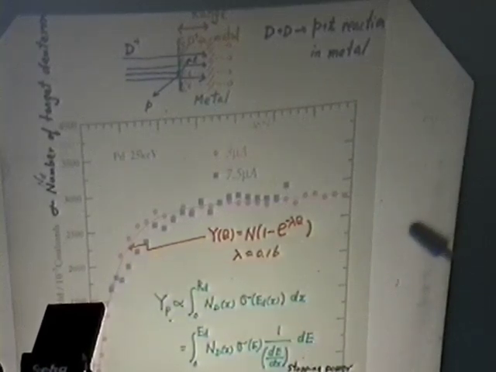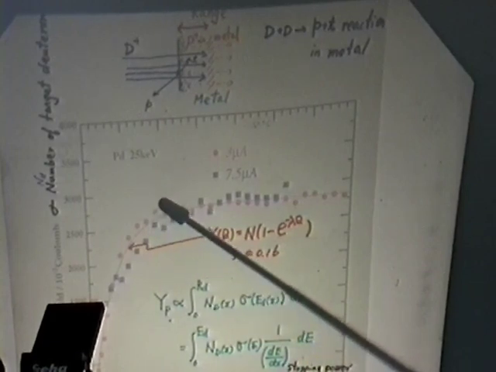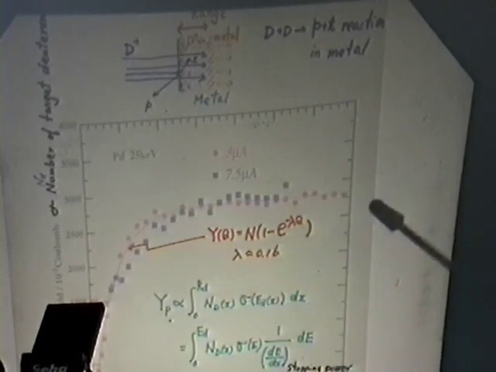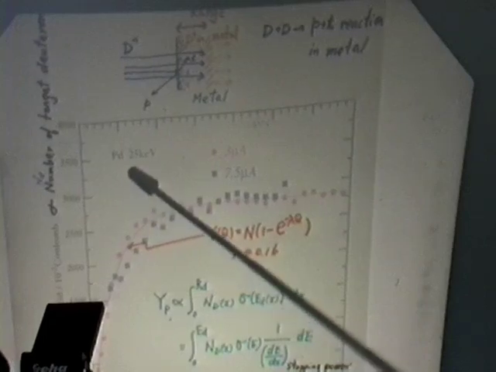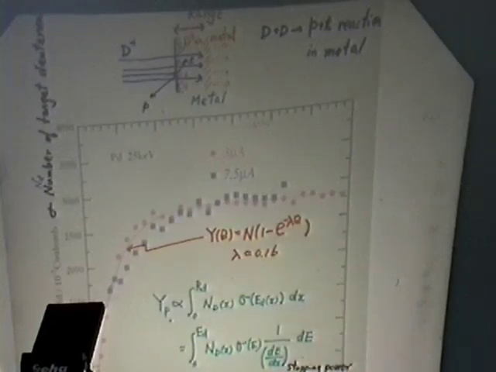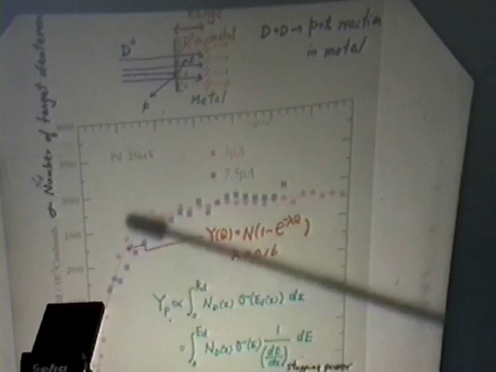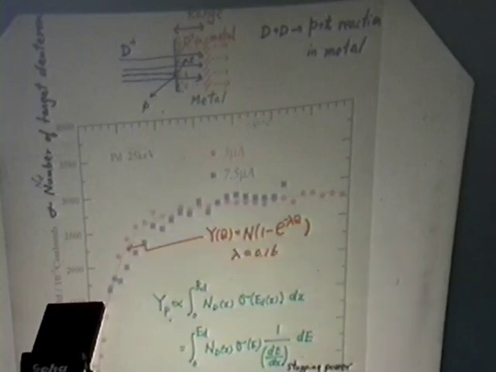What I want to say here is, after some bombardment, this is the case for the palladium metal, and this yield is just saturated. That means the saturation of a deuteron concentration inside the metal.